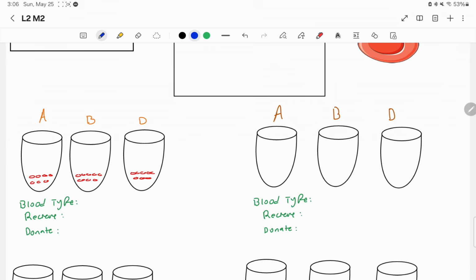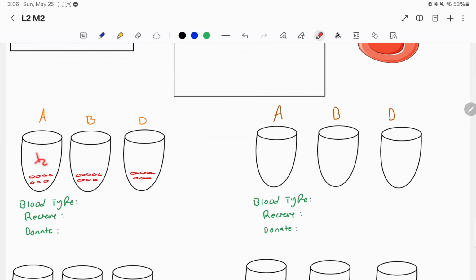So one more time. We got a blood sample from a patient. We separate it into 3 distinct vials, and in each vial we are going to test for a specific antigen. So over here I'm going to test for A antigen. How am I going to do that? I'm going to add the antibody that is specific to this A antigen.